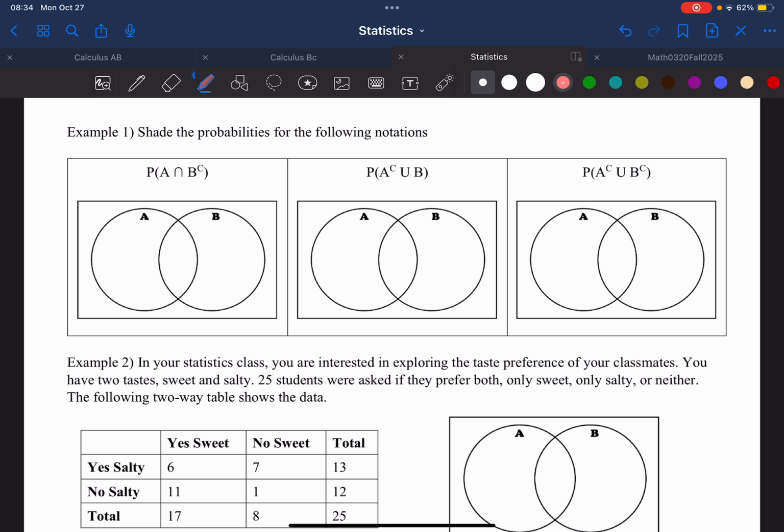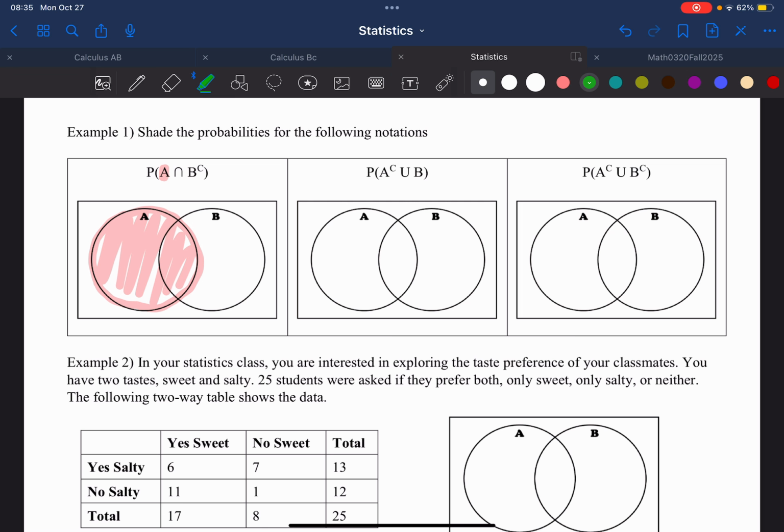To make this a little easier, what I'm going to do is do each section so you can see what each section is. Probability of A. Intersection, the probability of B not happening. Well, B not happening would mean that B is not included at all.